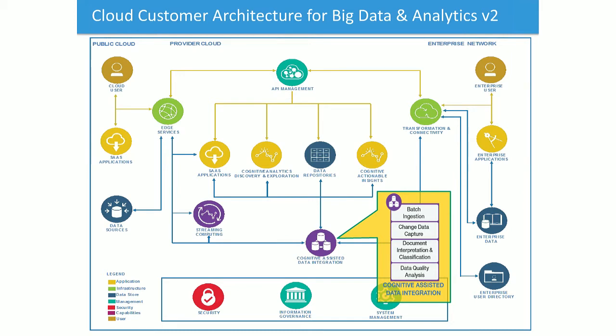The data integration, it's the traditional ETL or ELT, depending on what kind of process and schema you're using. And then it also includes the change data capture, to provide the data lineage, right? And the data replication as well. And then it also included documentation, interpretation, and classification.